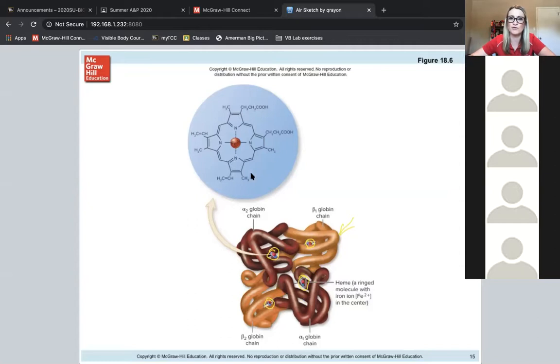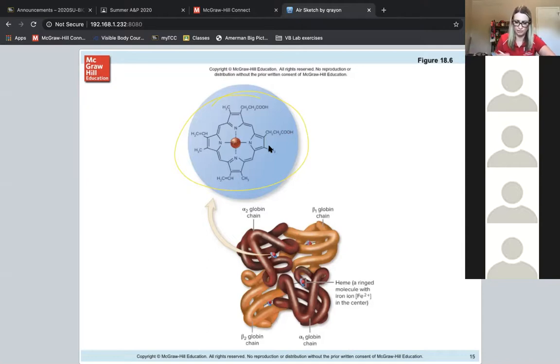And then the heme group has to get broken down chemically into smaller things. Ultimately, it gets broken down into bilirubin and biliverdin, and then those get eliminated out of your body. So that's the breakdown of hemoglobin.